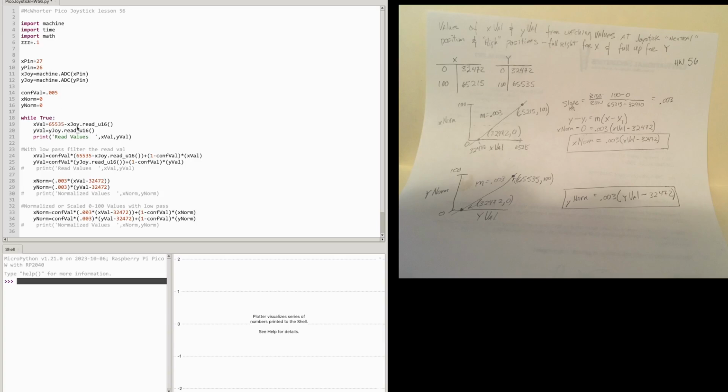So what we're doing is essentially reading X and Y values straight off the Pico from the joystick. Paul added this 65535, which is the max value. He did it on the X because the readings were goofy and not so intuitive.